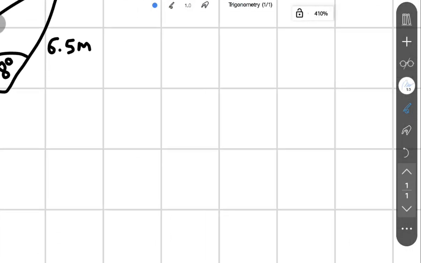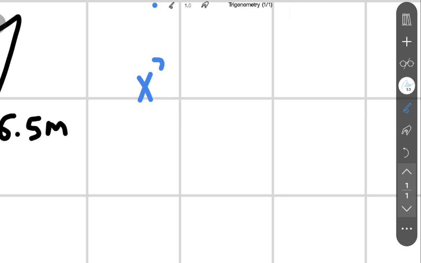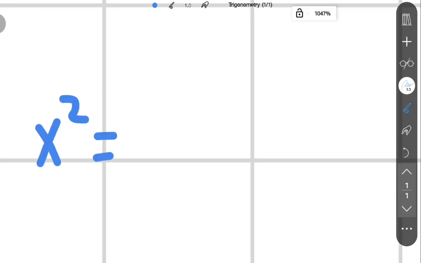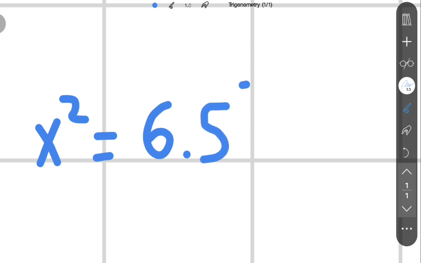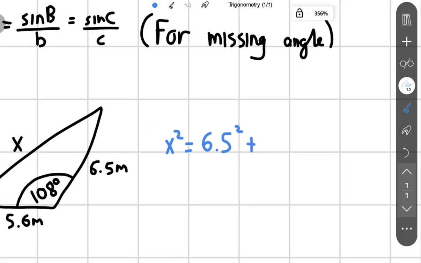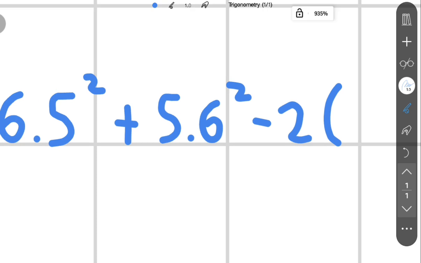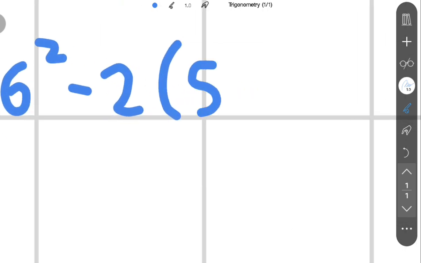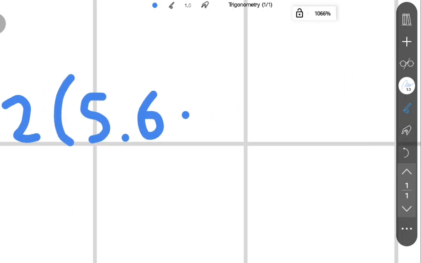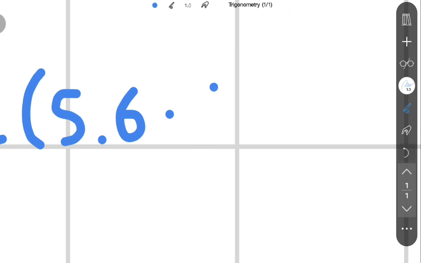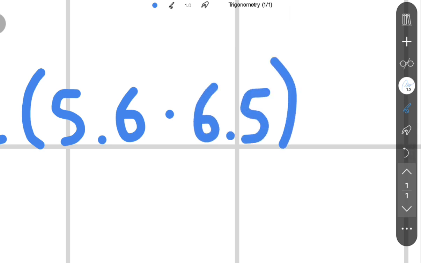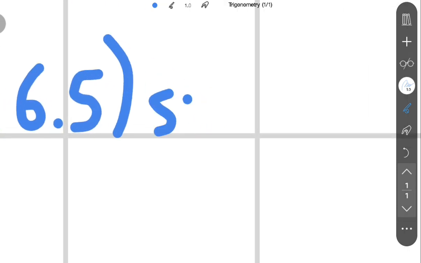We have x squared is equal to 6.5 squared plus 5.6 squared minus 2 times the product of both sides multiplied by one another, and cosine of the angle facing the missing side, which I think is sine 108, yeah.